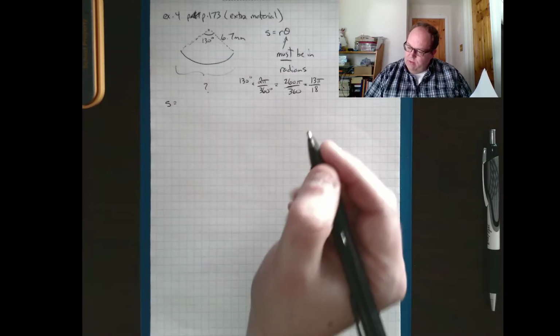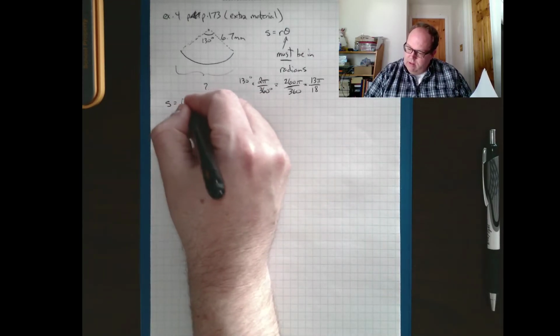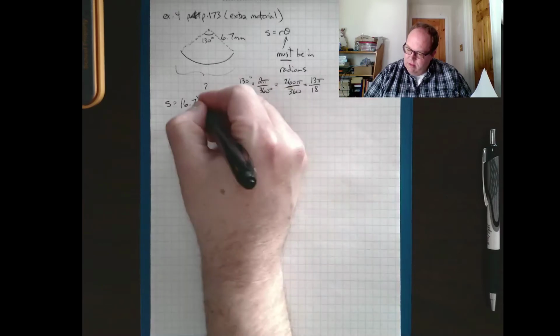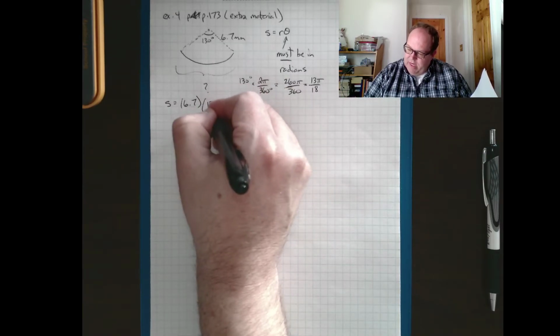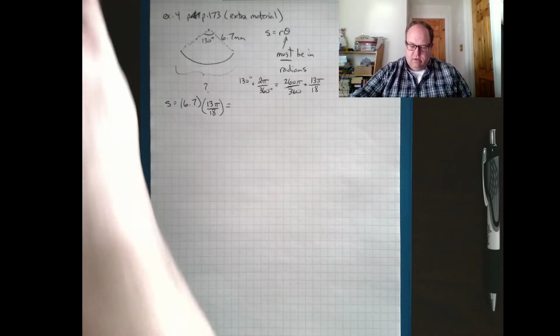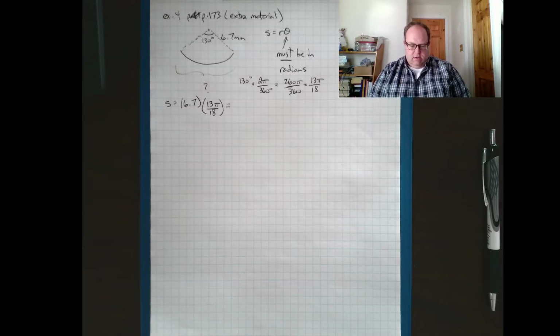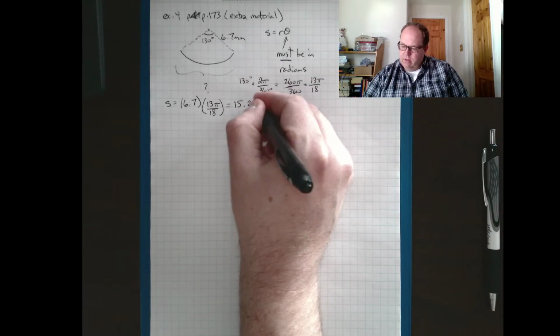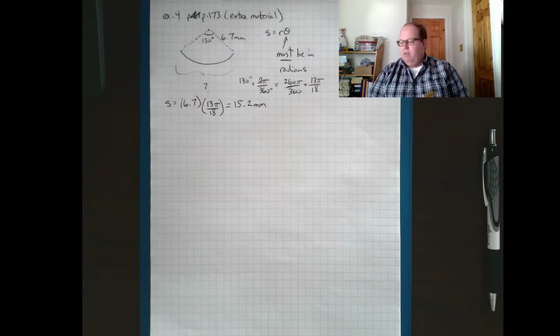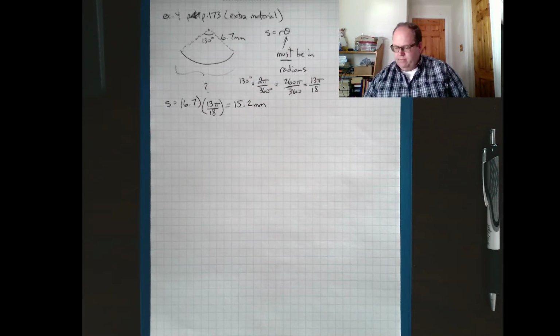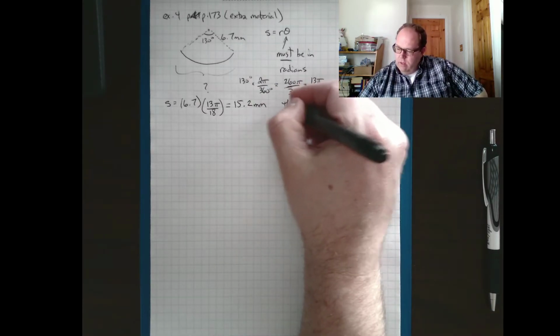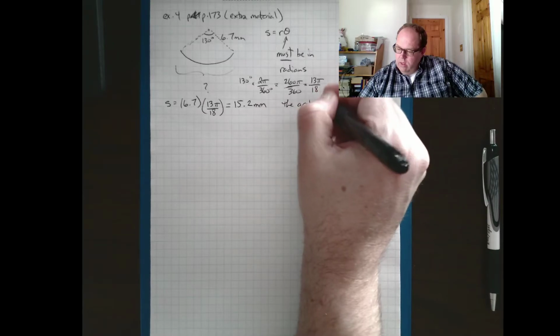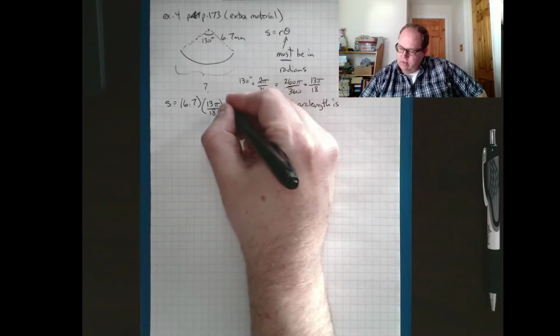So my arc length would be 6.7 millimeters times 13 pi over 18 radians, to get 15.2 millimeters rounded to the nearest tenth of a millimeter as the question asked. The length is, I should say that's approximately 15.2 millimeters.